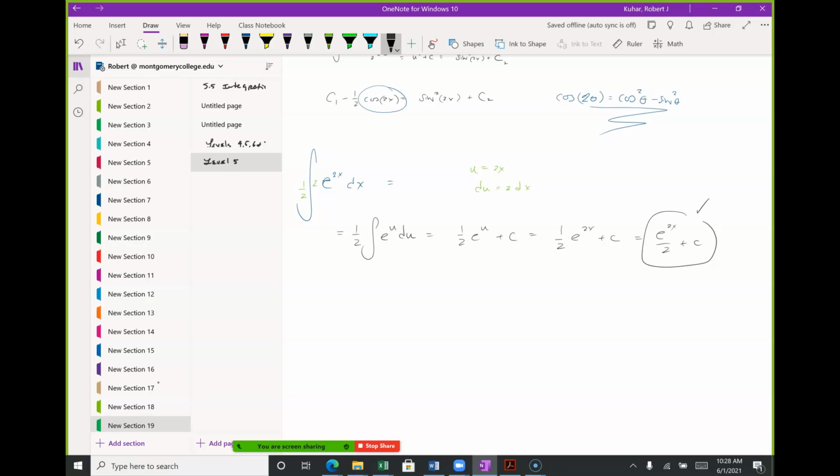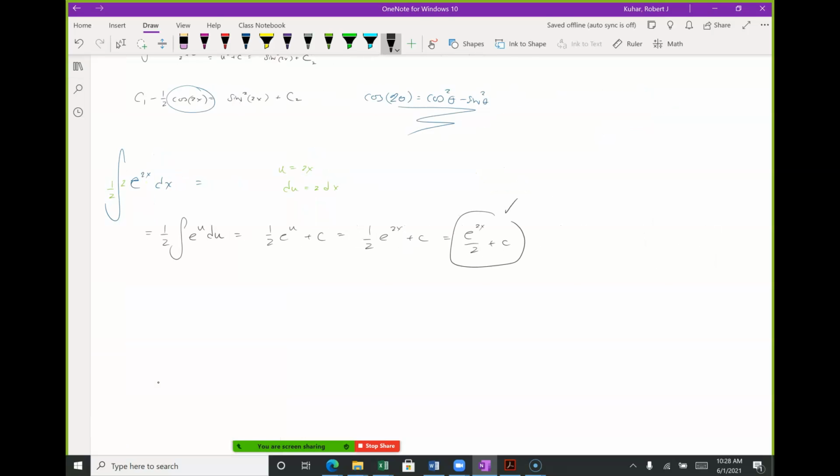So this is level 6. We're going to substitute downstairs.